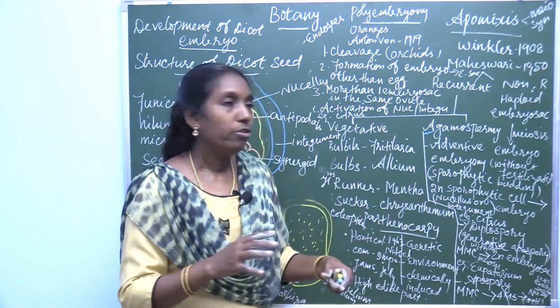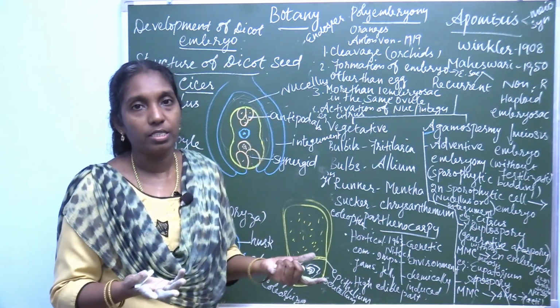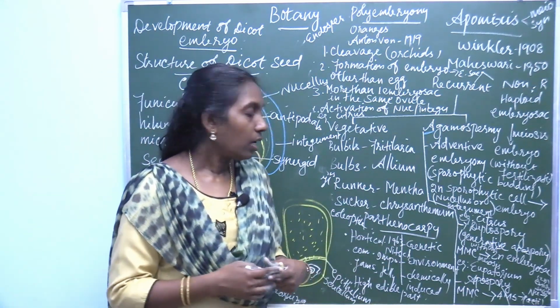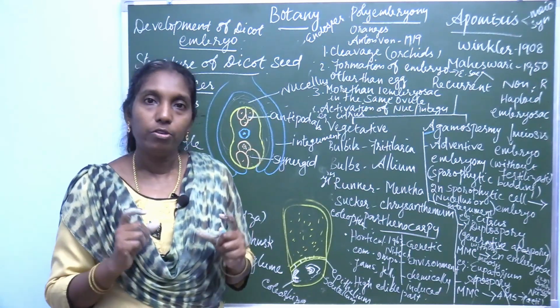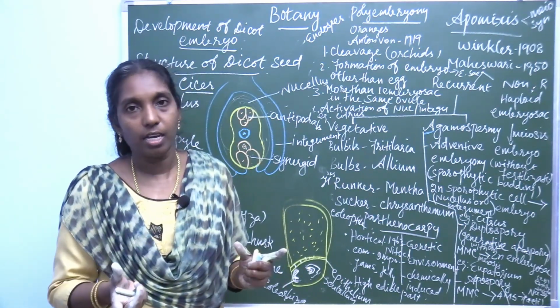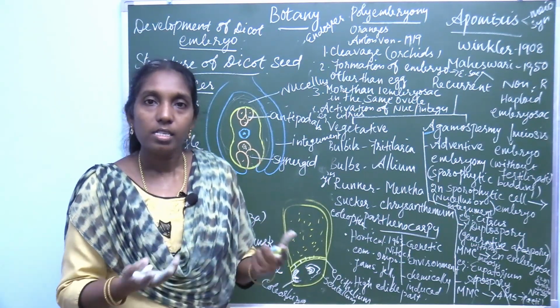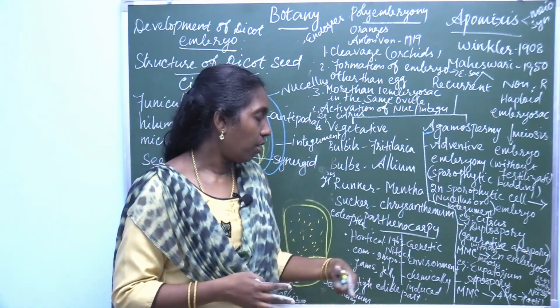Number 1, due to mutation or genetic variation, parthenocarpic fruits are developed. What is mutation? Mutation is a sudden change either in the chromosome number or in the structure of the chromosome. Due to this, parthenocarpic fruits are formed.